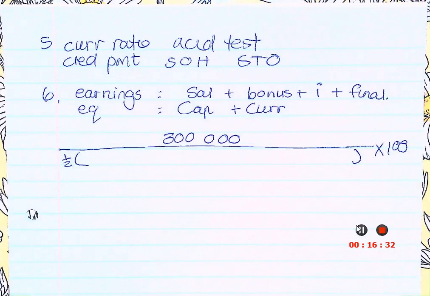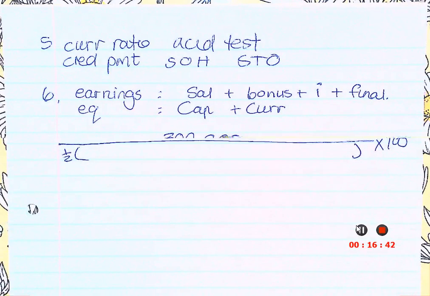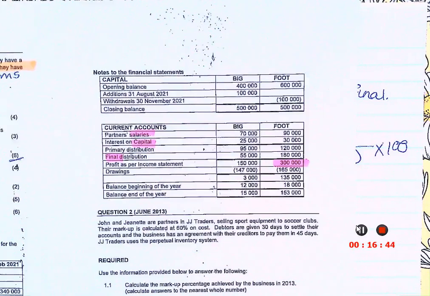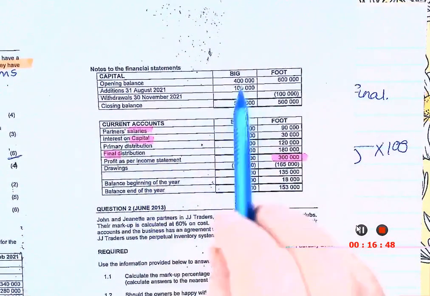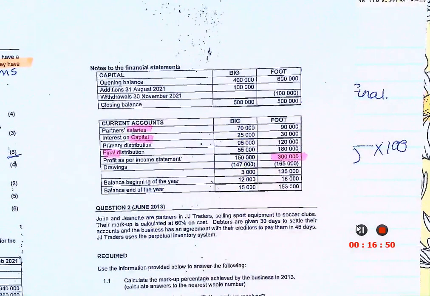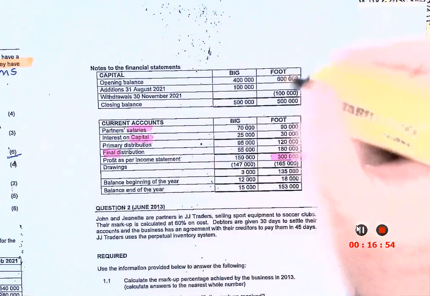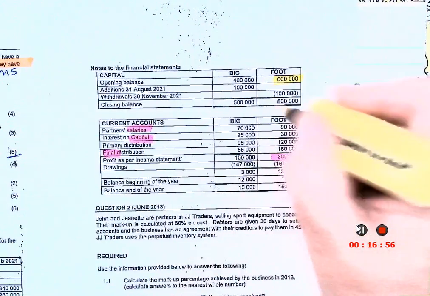C capital plus C current plus C capital plus C current. Opening, closing. Okay, so now let's go have a look. Here they give me current accounts. I don't want that. I want, yes, I actually do. I want the opening capital and the closing capital.